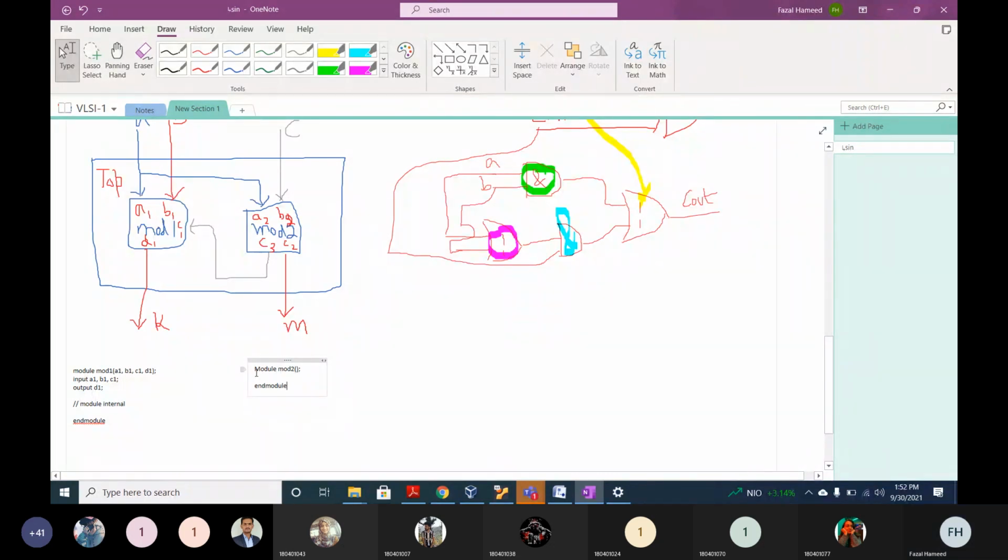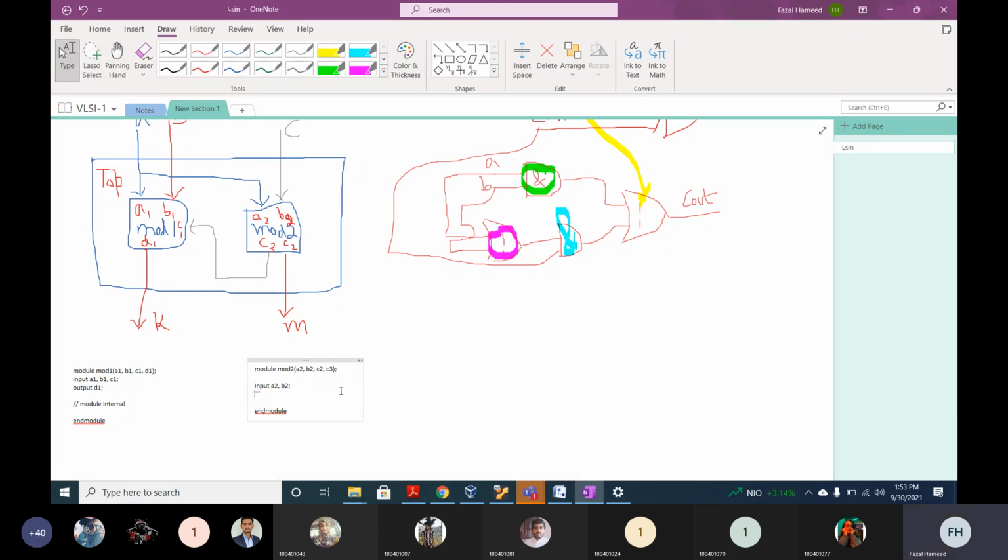What are the inputs to this module? A2, B2.